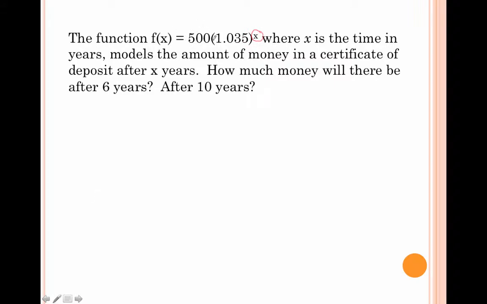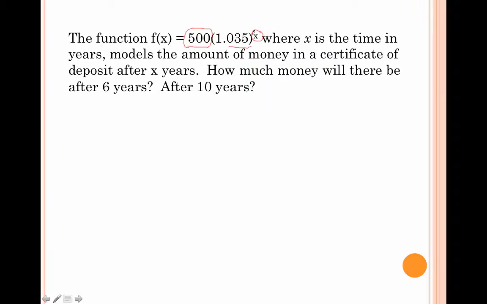This function, f of x equals 500 times 1.035 raised to the x, says that I have a CD that I am purchasing for $500. This is the principal amount that I'm investing in the CD. I've got an interest rate here of 3.5%.